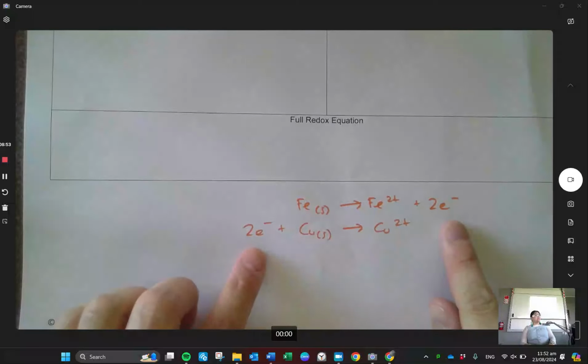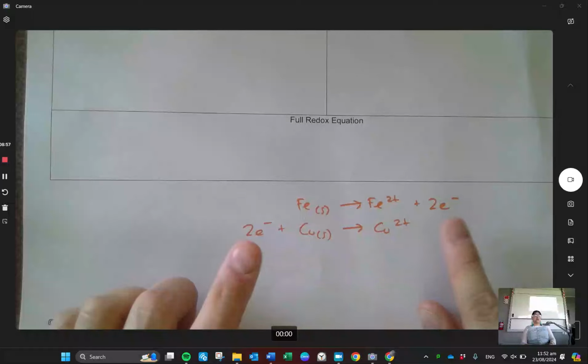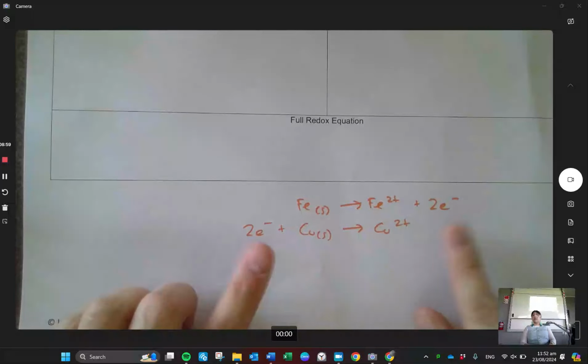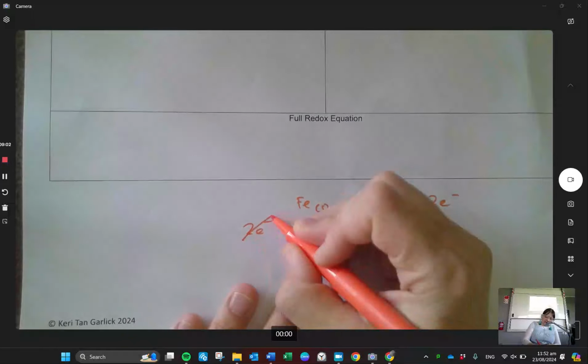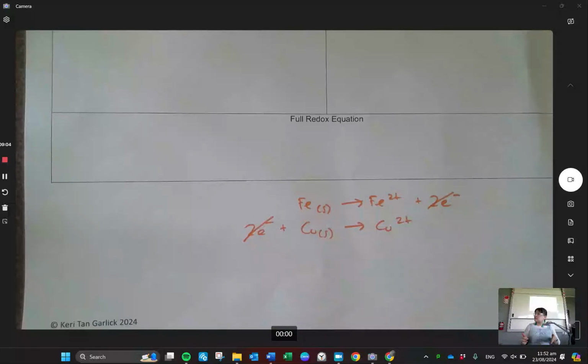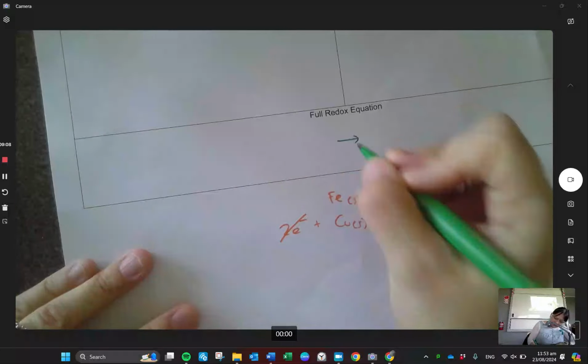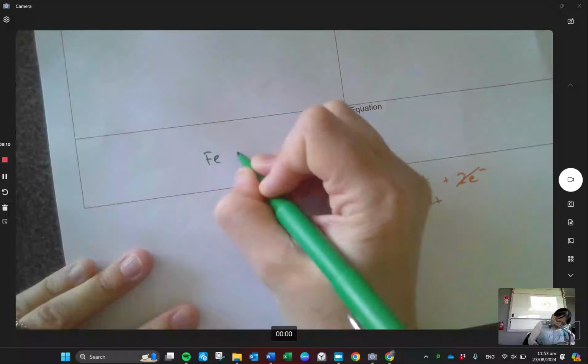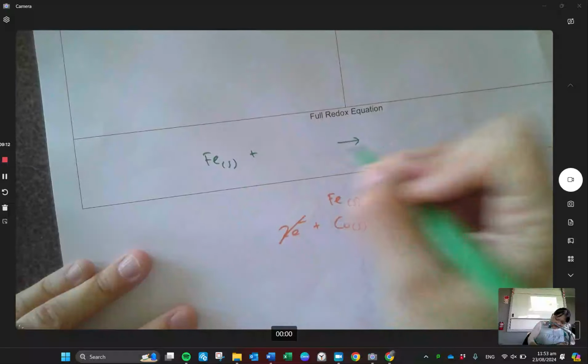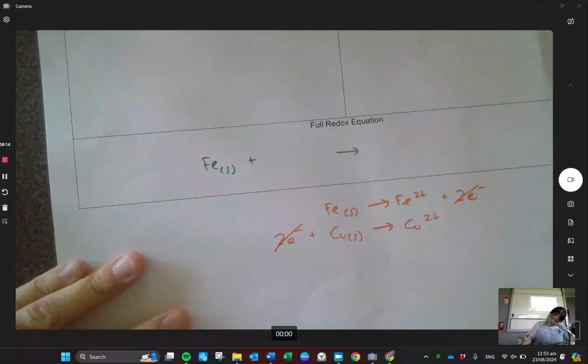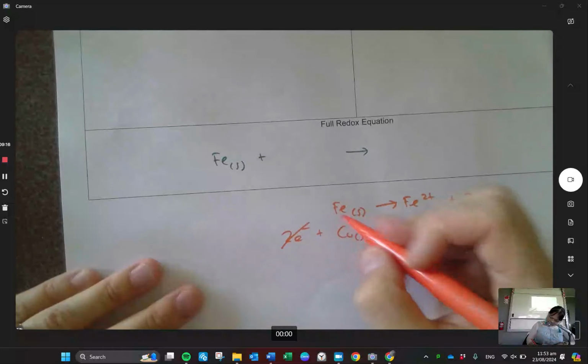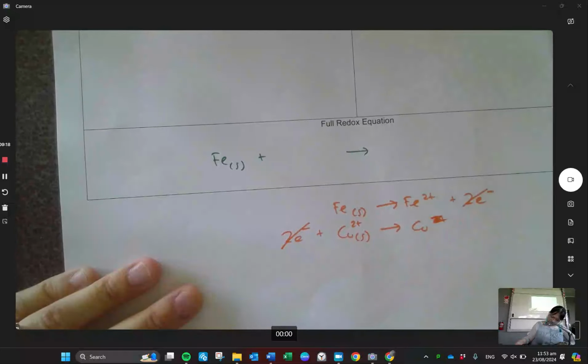Now, I check to see if my electron numbers match, and in this case they do, so I don't have to do any extra multiplications. If they don't match, then I would need to. So that cancels out with that, and then I just put them together. And when I put them together, that's my full equation. So I have Fe. You don't need the states in there. I'm just including it. I made a mistake here. That should be 2 plus, and that should be nothing.